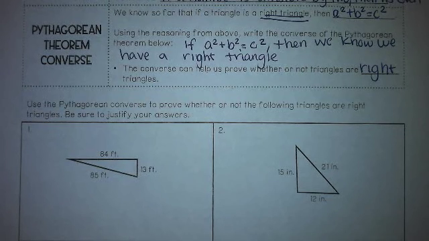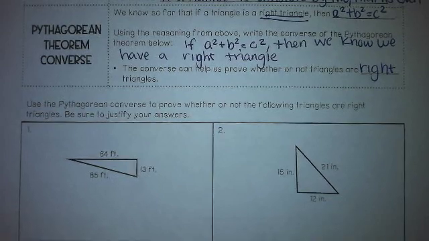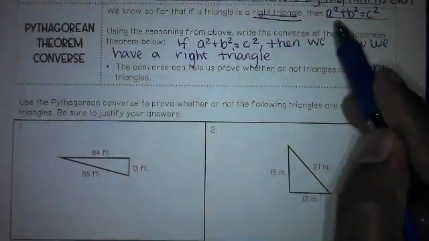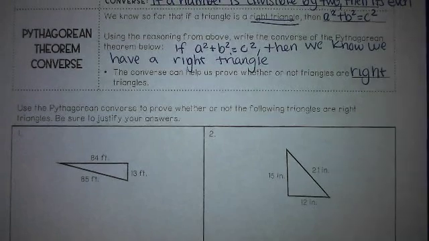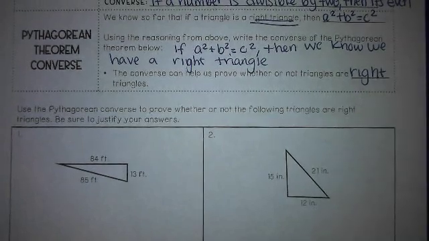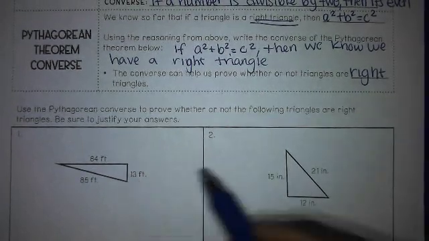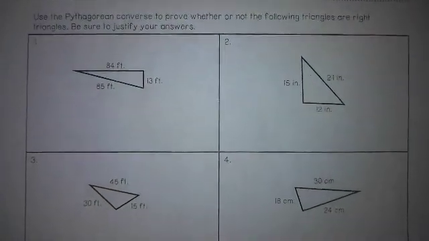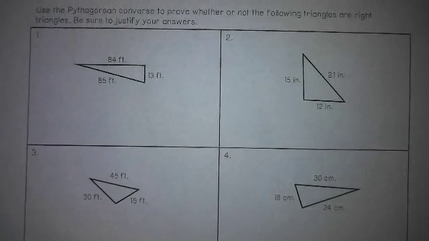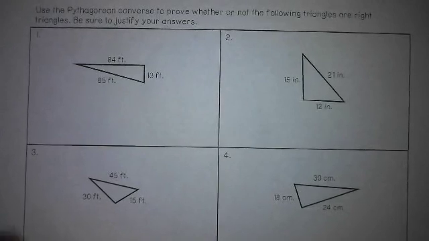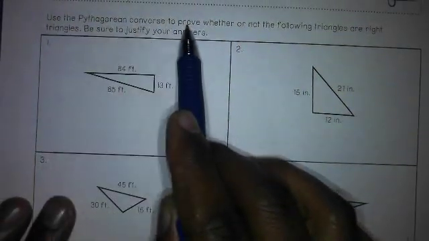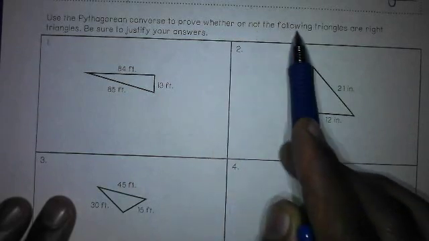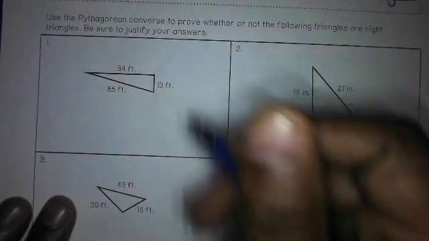So, right now, just like I told you the first couple days we've been learning this, the Pythagorean theorem, a squared plus b squared equals c squared, is primarily for proving that these triangles that we have here are right triangles. So this is how we do it. We're going to use the Pythagorean theorem converse to prove whether or not the following triangles are right.